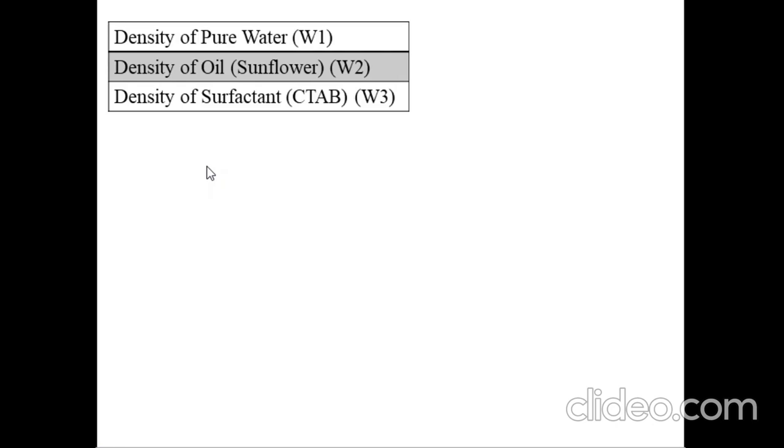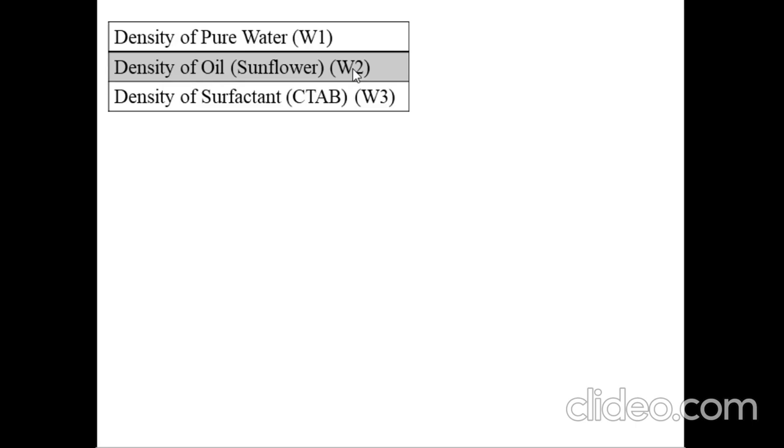Here the density of pure water is represented by W1 for easy understanding. That means W1 represents the density of water, W2 represents the density of oil. I have taken sunflower oil as an example because I have to show the density of oil.